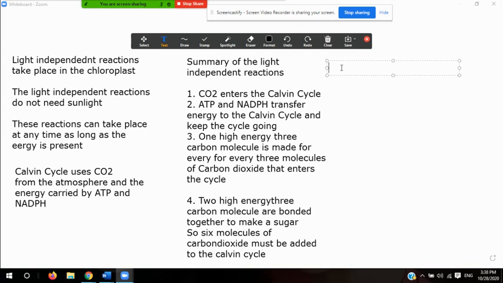And the sixth step, we have the products glucose and ADP, is that the NADP and ADP molecules return to the light dependent phase. And by these molecules, I mean the NADP and the ADP.